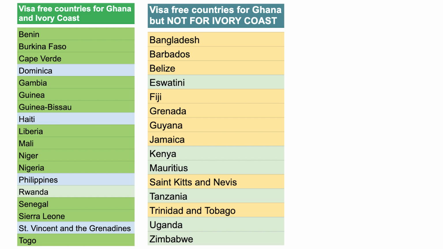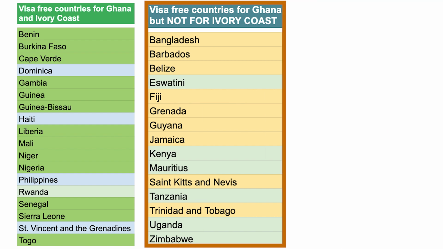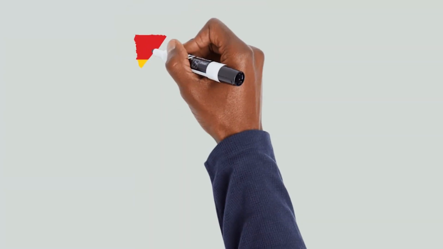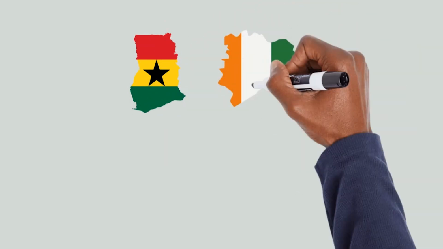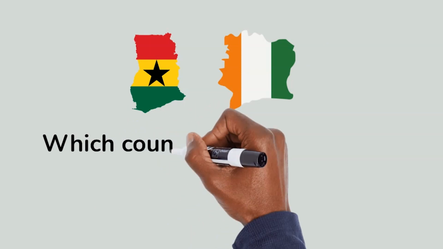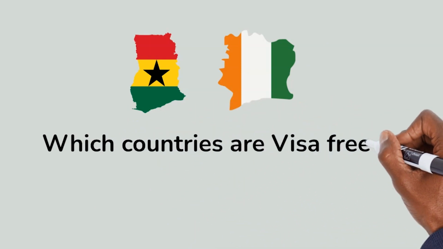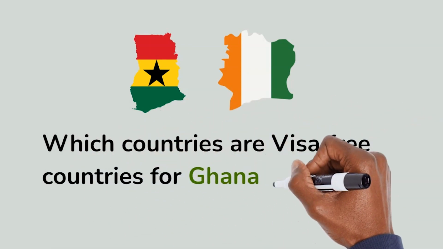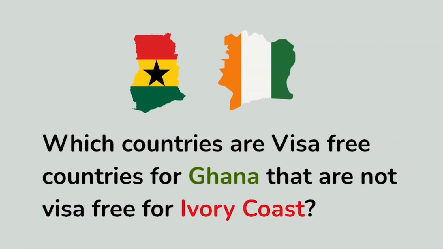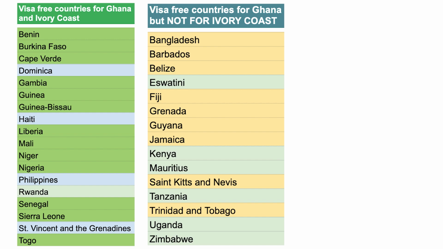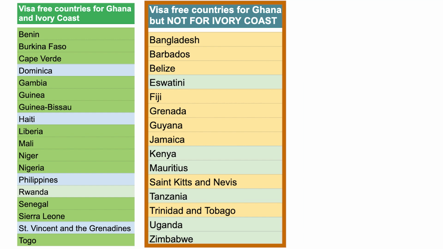And in terms of visa-free countries for Ghana, this is only Ghana now. I'm looking at only Ghana, visa-free countries for Ghana which are not visa-free for Cote d'Ivoire. Only Ghana on this one, but Cote d'Ivoire, they have to apply for a visa to be able to visit this country, either apply for an electronic visa or apply for a visa on arrival.